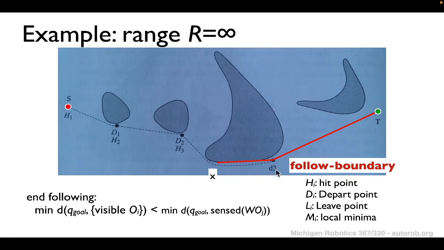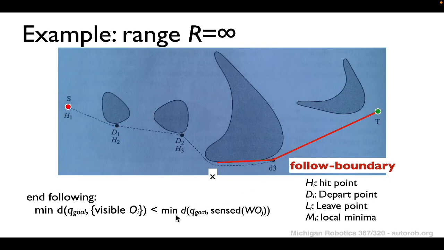actually reaches this point D3, where this D reach variable is in fact less than D follow, where the D reach is indicated by the distance from D3 to the goal. So it's this distance between the goal and the currently visible object extent, which by the time it reaches this position here will be D3.